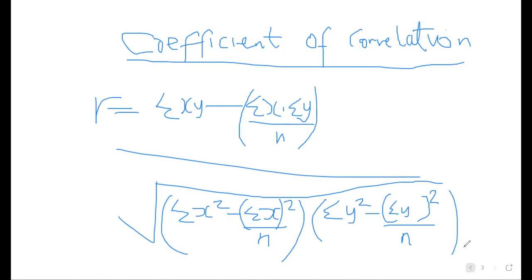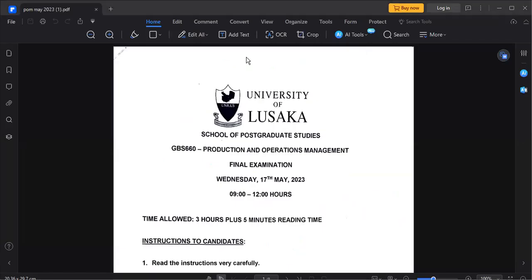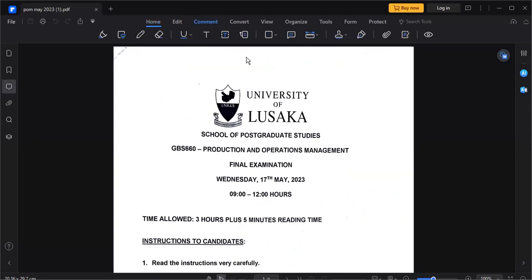So R measures the relationship between the variables in order to indicate if you have a negative or a positive relationship between the variables. That is what R measures.